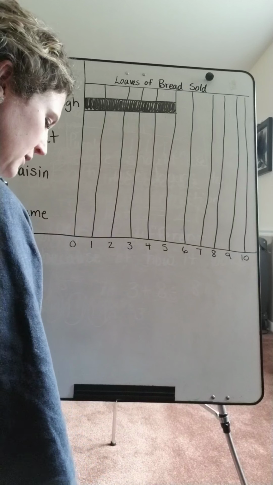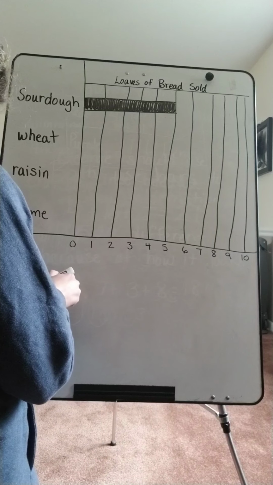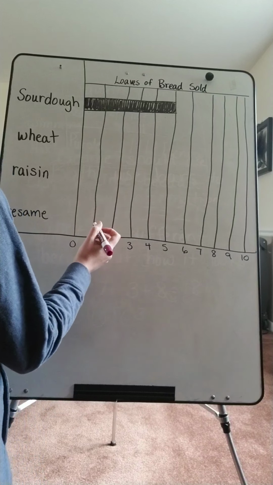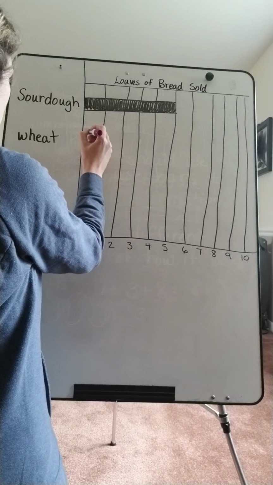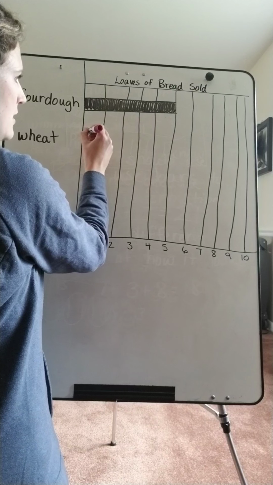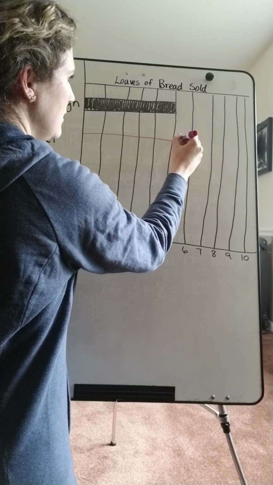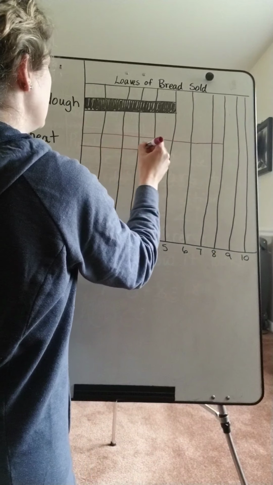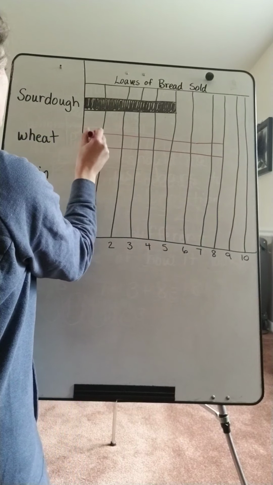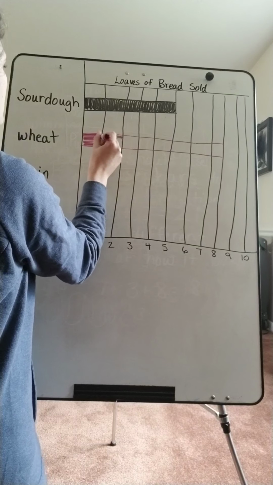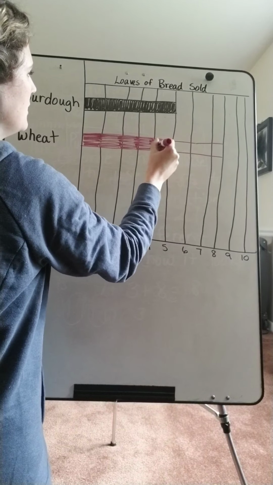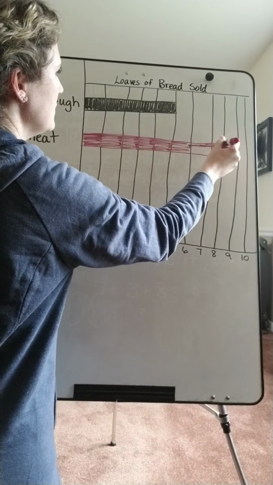So now we're going to fill in the rest of our information. We have 8 tally marks next to wheat. So what you want to do is start at the 0, go up to 8, and then you can shade it in with your pencil, or if you want to use a crayon or colored pencil, that's fine too.